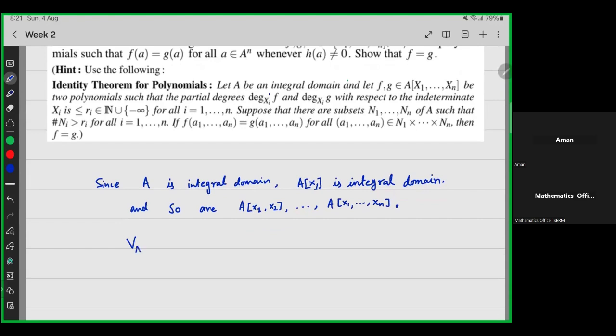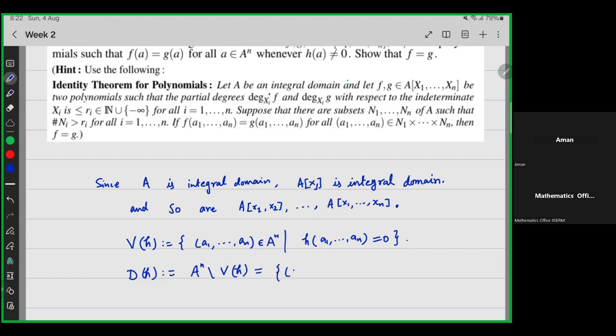V(H) is the same as those points of A^n where H vanishes, and its complement I'm denoting by D(H), which is the same as those points in A^n where H is not vanishing.